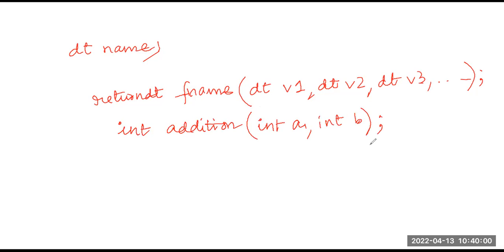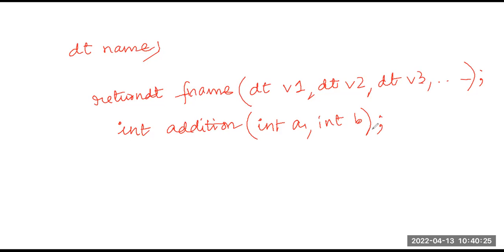This is how you declare the function or write the prototype of the function: the return data type, the name of the function, and the variables separated by commas, with each variable name having its data type. Once you are done, you put the semicolon.